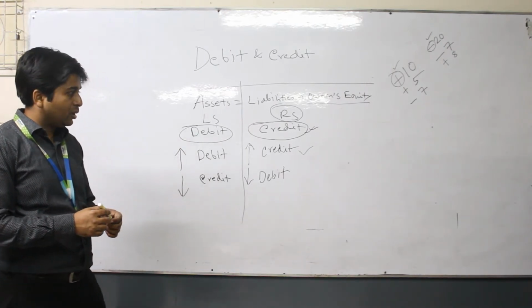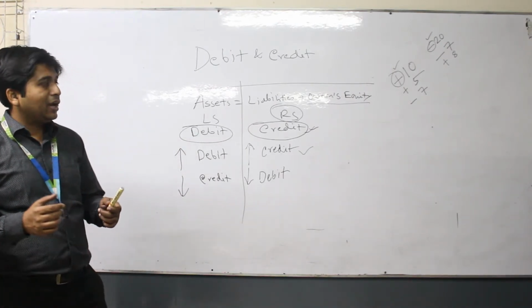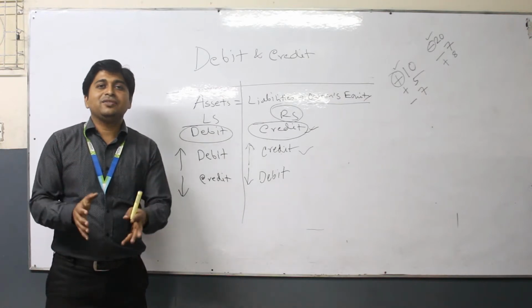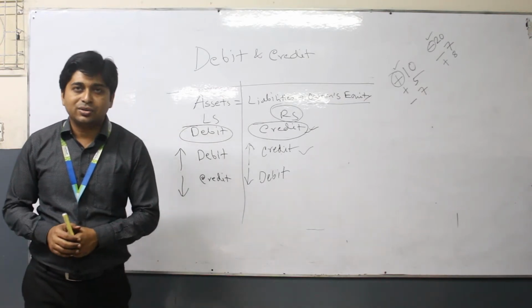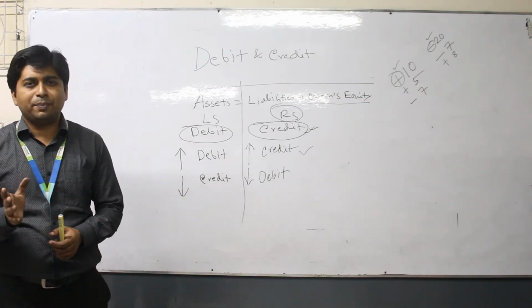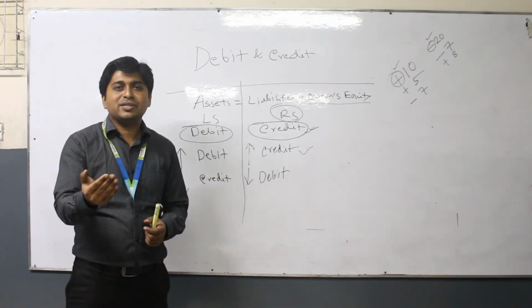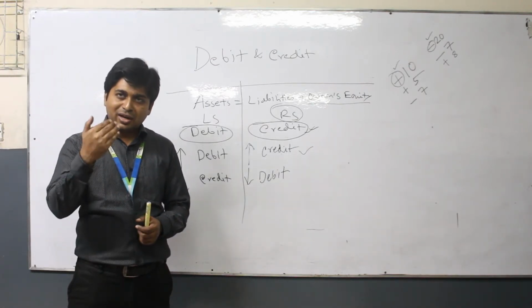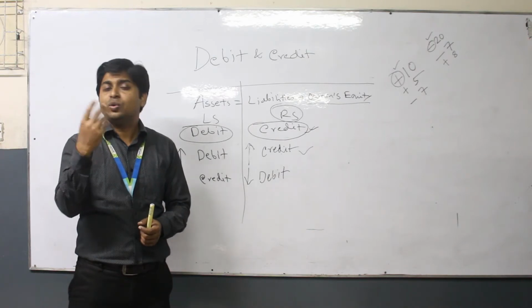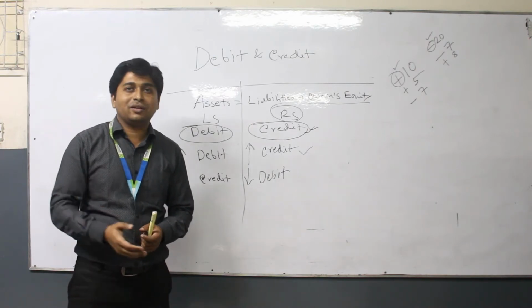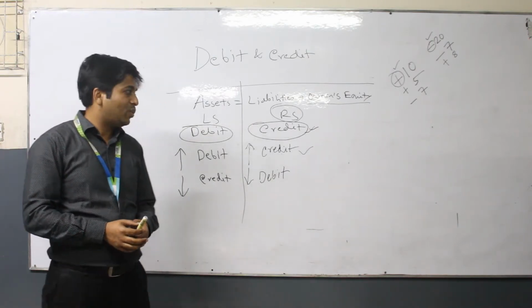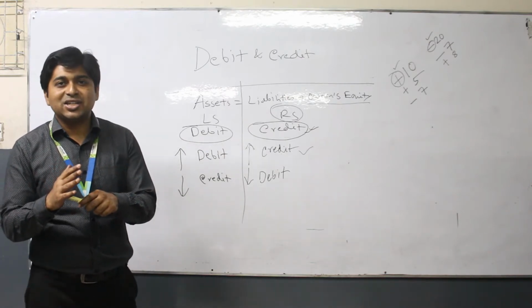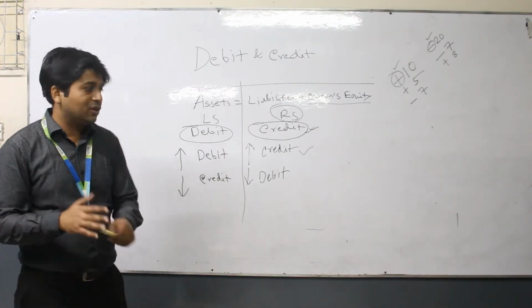Suppose I am saying that the owner invests money of taka 10,000 to the business. So what is happening? We have received cash of taka 10,000, and who gave this 10,000? The owner gave us the 10,000. So what are the changes made in the cash account and the capital account?